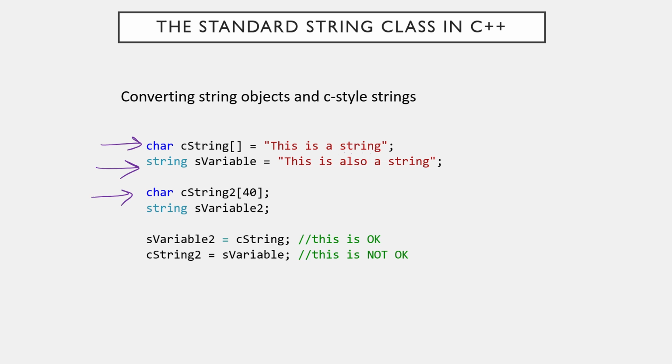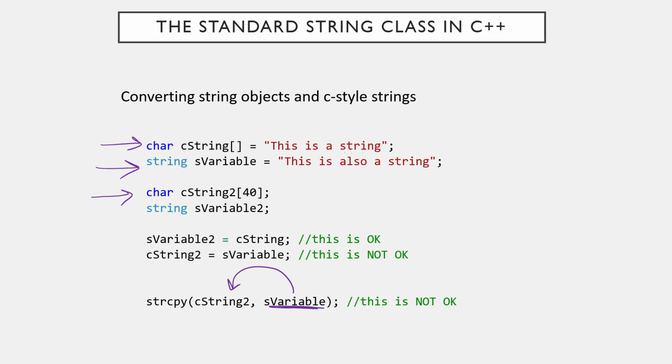You cannot assign a C++ style string to a C style string. That will not work. You cannot copy a C++ style string onto a C string because a C++ style string is dynamic and can grow, whereas a C style string cannot grow.